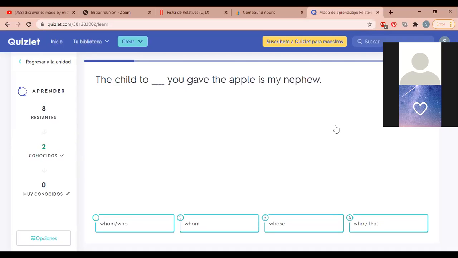This seems to be a little bit more difficult, right? So, André. The child to whom you gave the apple is my nephew, okay? Number 3? Yes.